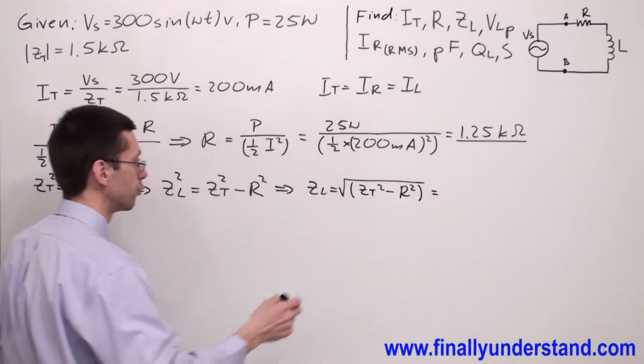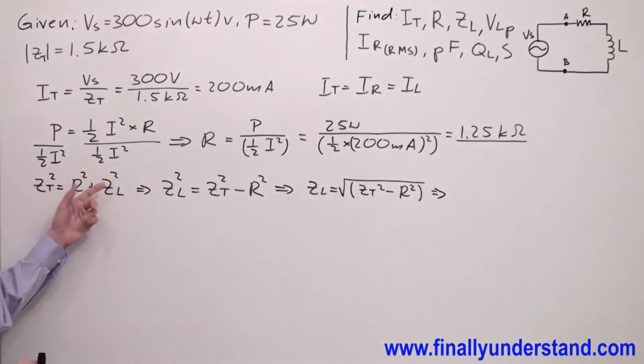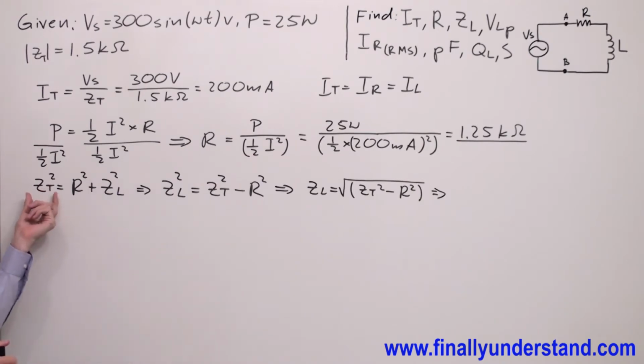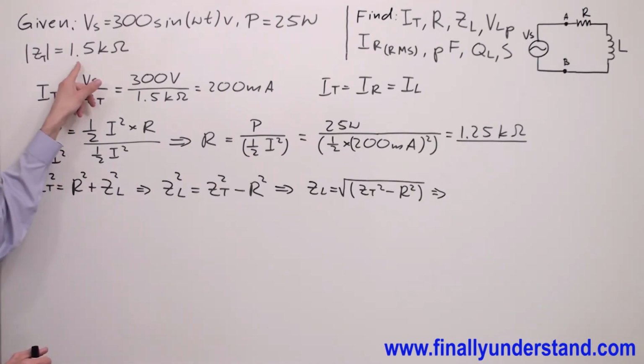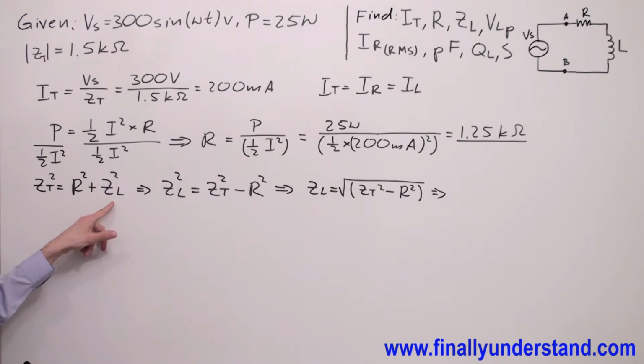Let me repeat myself one more time. I'm supposed to write squares next to Z total, R and ZL because I do not have an angle next to Z total. The angle wasn't given. I'm supposed to find this angle, but in order to find the angle, I'm supposed to find ZL first. That's why I have to use the Pythagorean theorem.